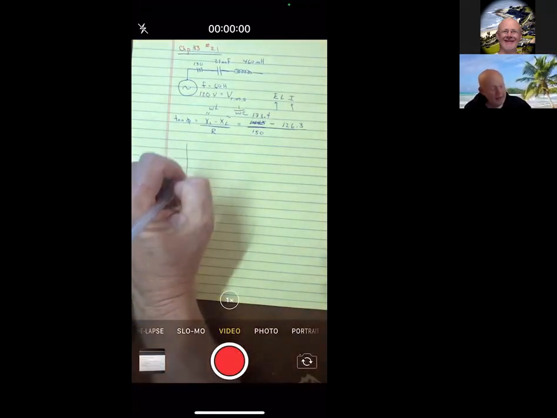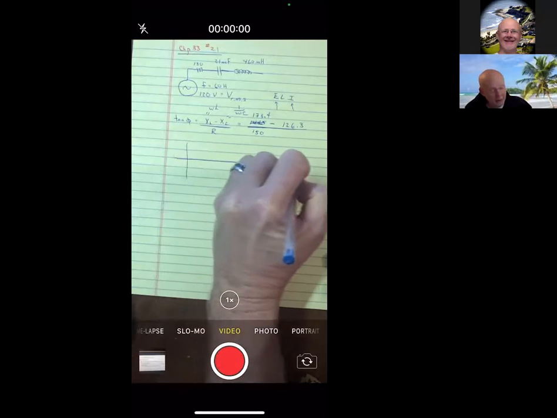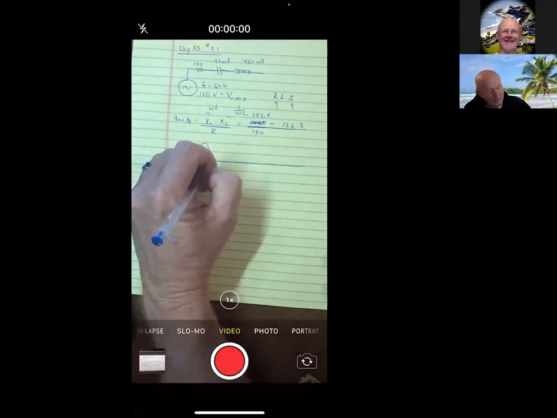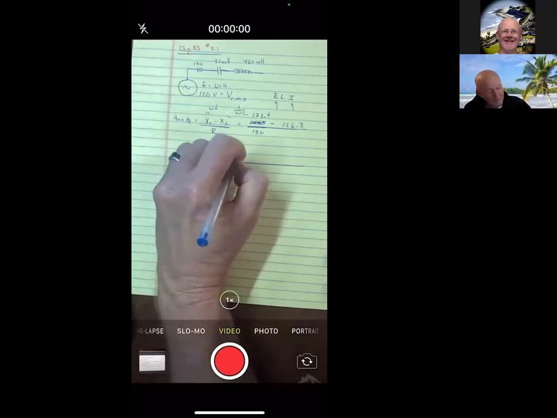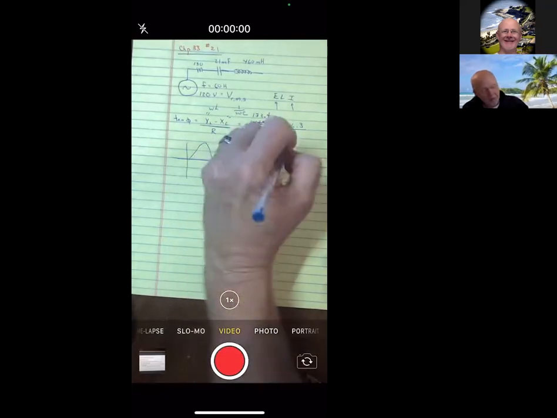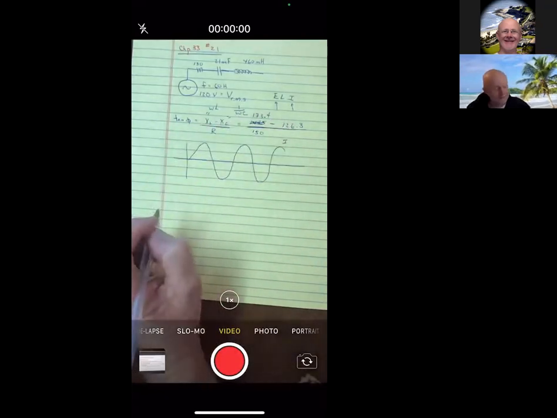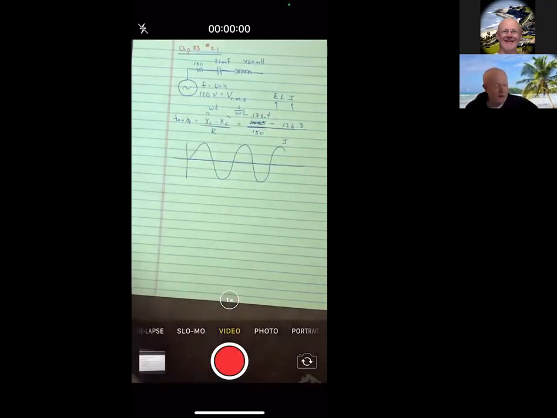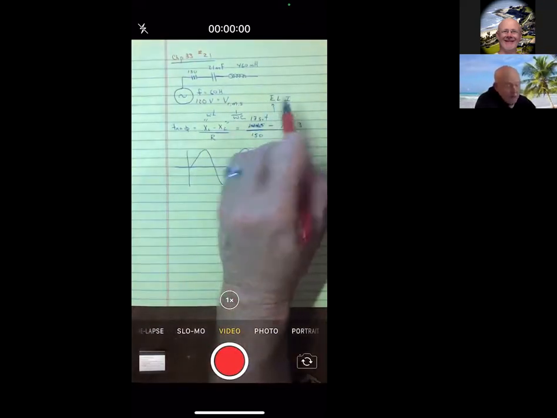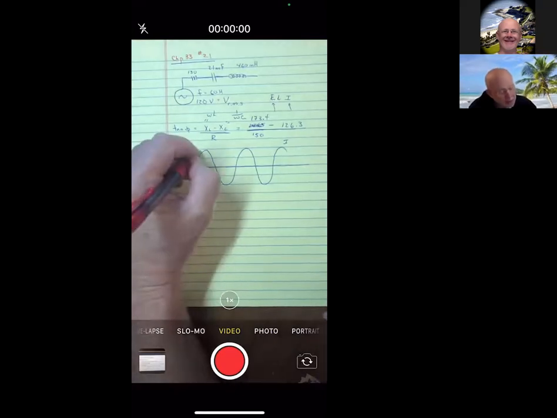So if we are making a plot of the current again, there's a current. The voltage would come before the current. So it's going to peak before it.